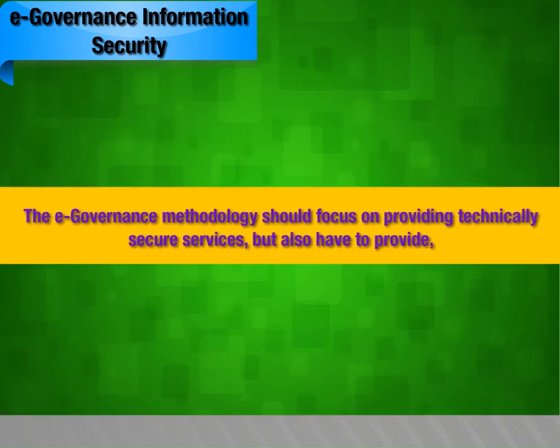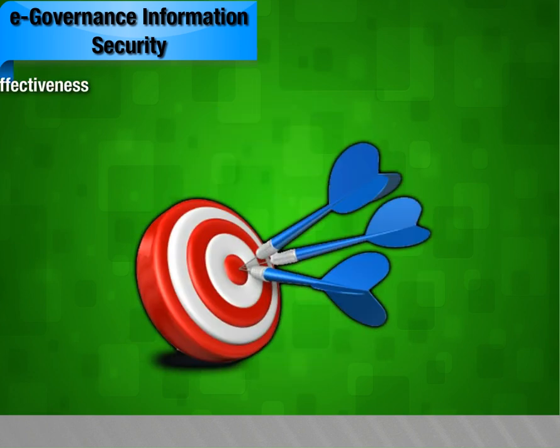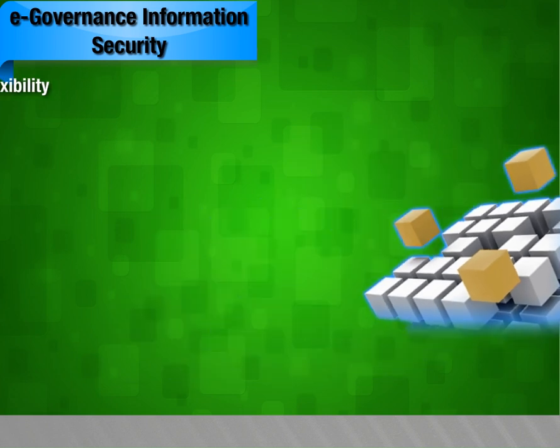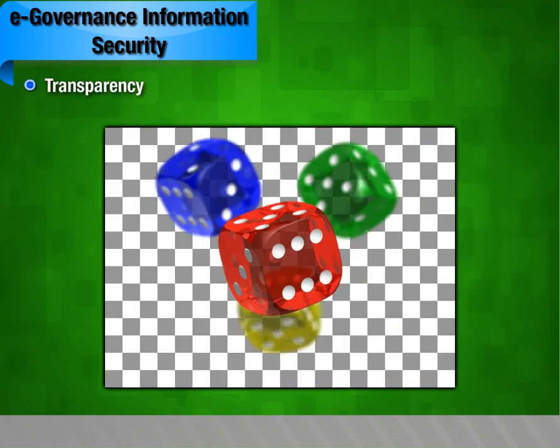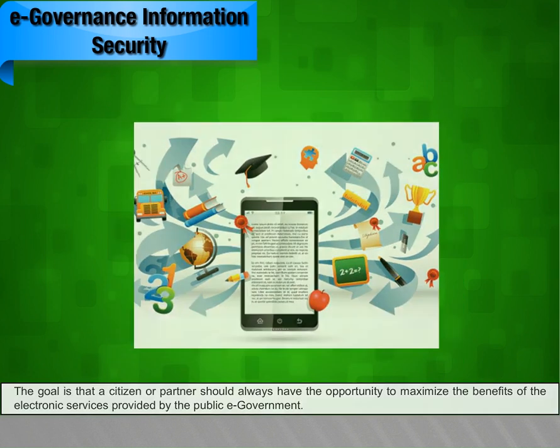The e-governance methodology should focus on providing technically secure services, but also have to provide efficiency, effectiveness, flexibility, transparency. The goal is that a citizen or partner should always have the opportunity to maximize the benefits of the electronic services provided by the public e-government.